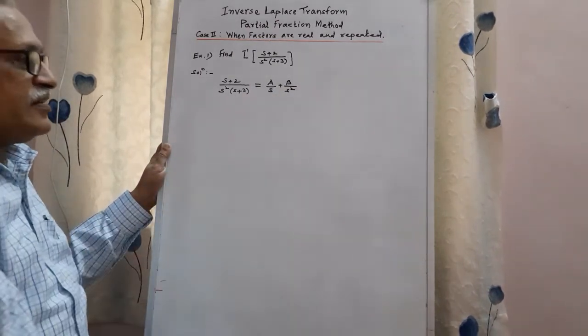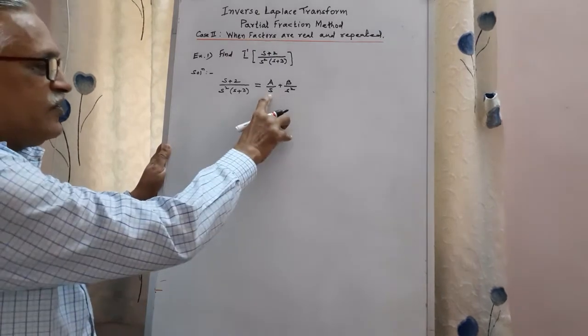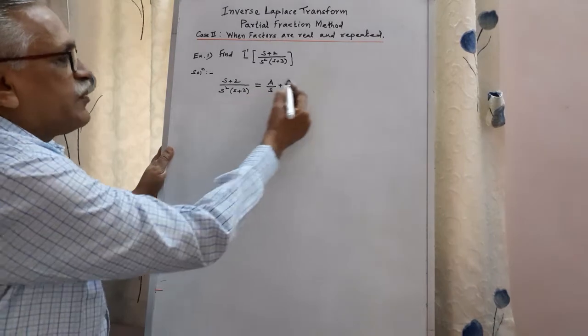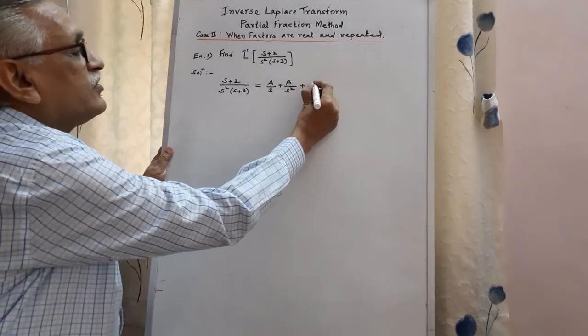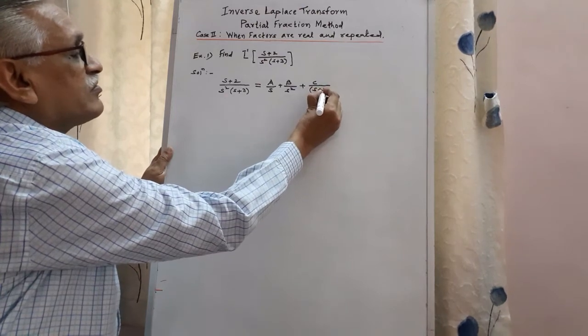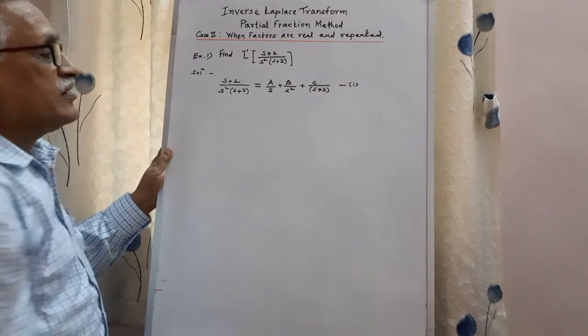If it is repeated a third time it is C upon s cube, like this. Every time we have to increase the power by 1, and for the non-repeated factor it is C upon s plus 3. We call this equation 1.